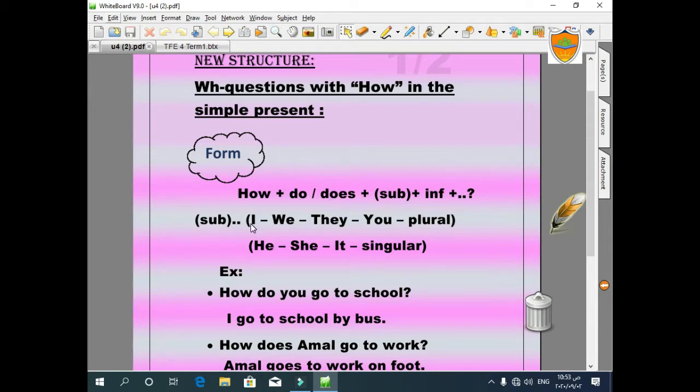Subjects like I, we, they, you, and the plural go with do. He, she, it, and the singular go with does.